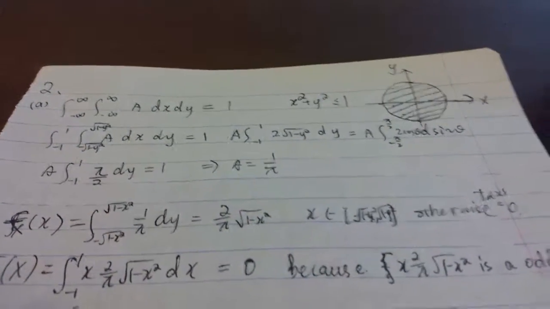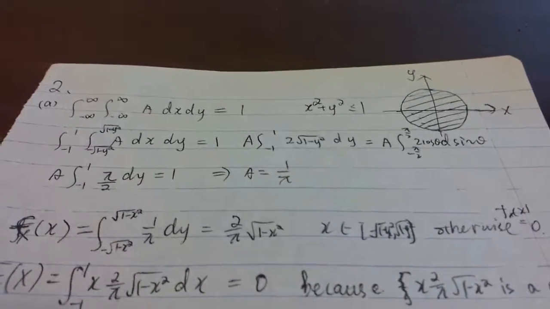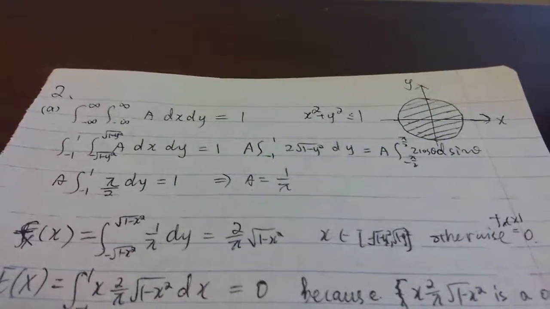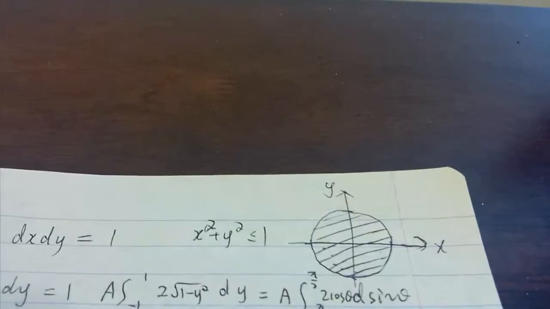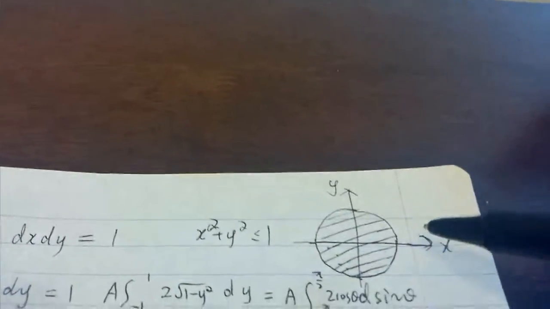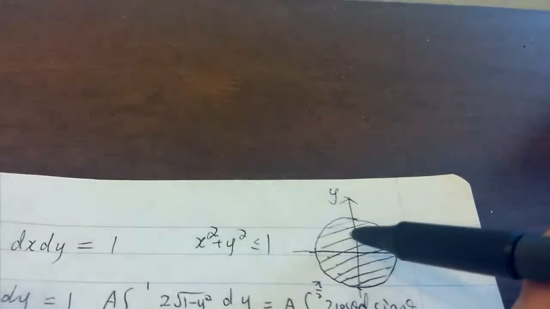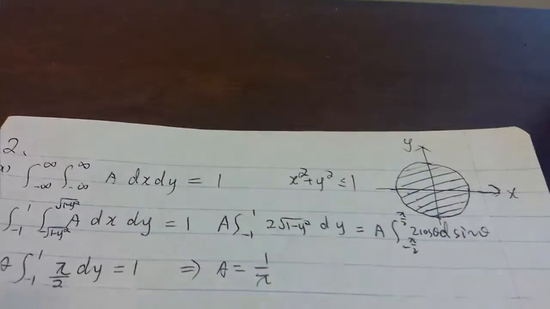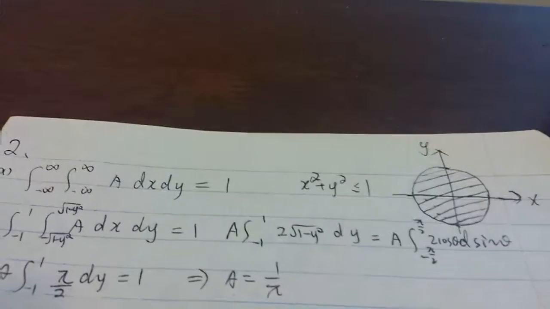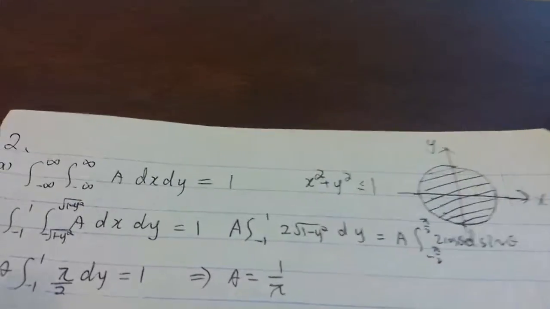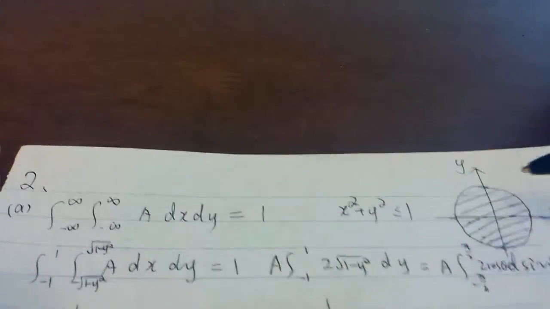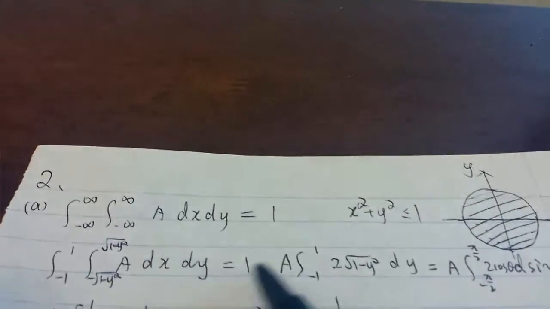The second question is we know that the PDF of x and y equals a when x squared plus y squared is less than or equal to 1. So that means the domain of x and y is a circle, inside the circle. The first question is we need to find a so that the above defined function is a valid joint density function. So that means we integrate in this circle, and it equals 1.